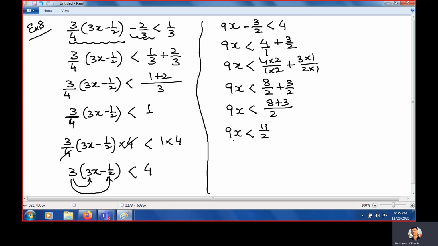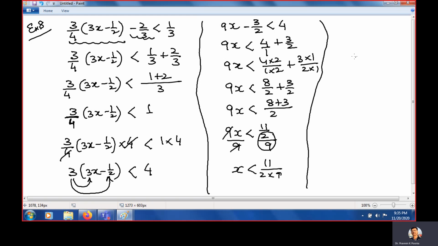Divide by 9. If you divide by 9, it will be what? This cancels, x less than, and if you divide by a fraction, you multiply: 11 upon 2 into 9. So x is less than 11 upon 2 times 9, which is 18.